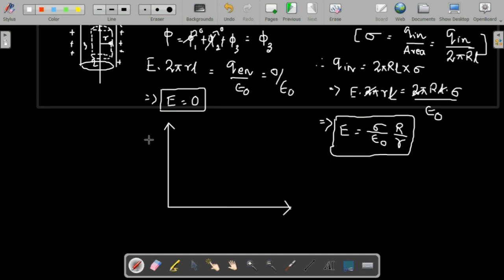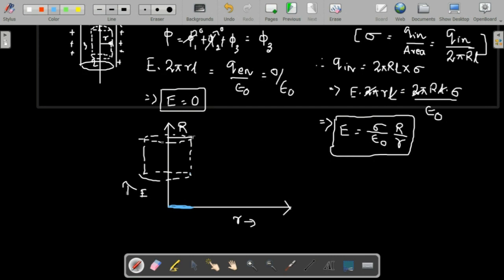So let's say this is my cylinder, and this is the edge, so this is my capital R. This side is electric field and this is my distance r. If we are inside, the electric field is 0. Let me take a different color. The electric field is 0 inside.